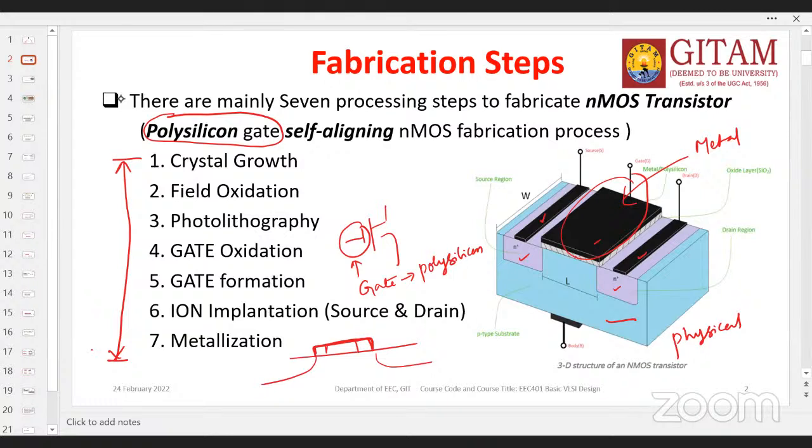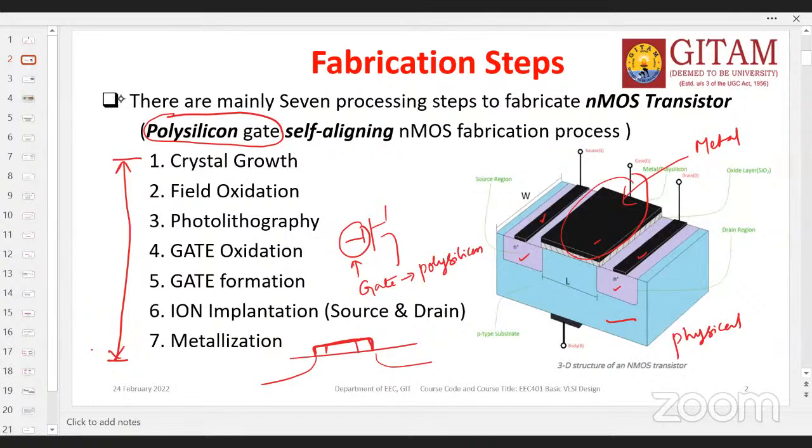Therefore the alternative is, okay, first of all I want to realize the gate to maintain the alignment, and if you want to reduce the problem of metal melting point, that can be removed by using another material called polysilicon gate material.